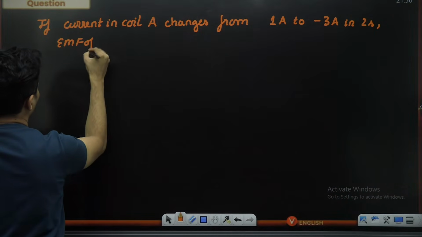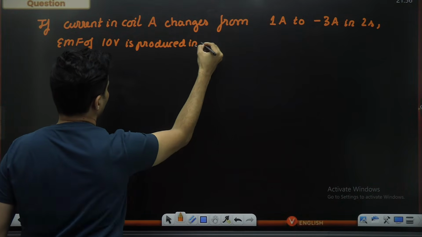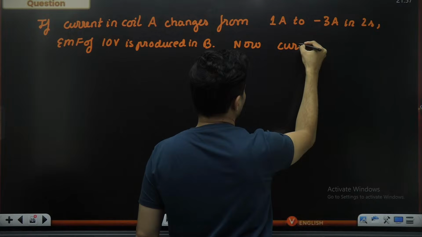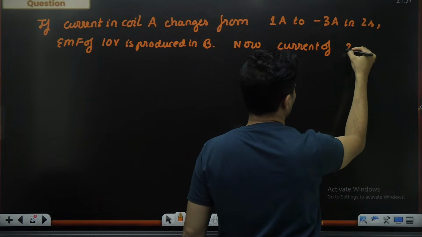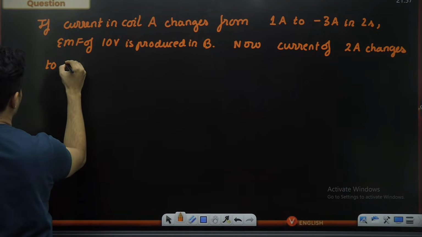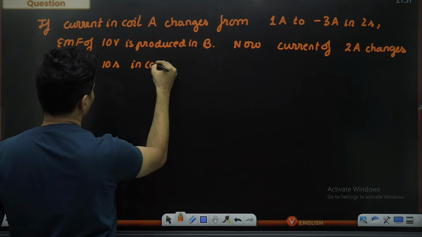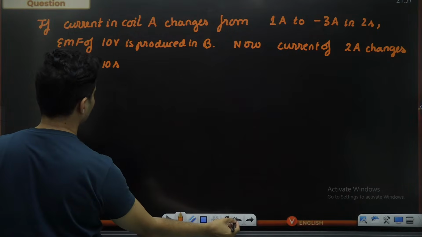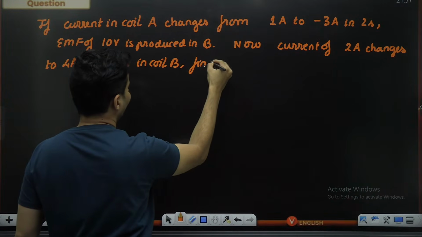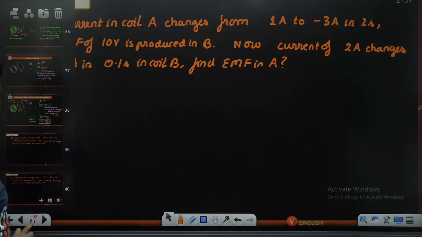An EMF of 10 volts is produced in B. Now, a current of 2 amperes changes to 4 amperes in 0.1 seconds in coil B. Find the EMF in A. Very nice question. Let's try to think about it.